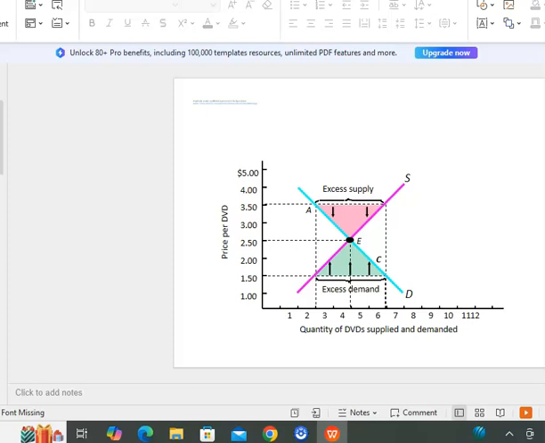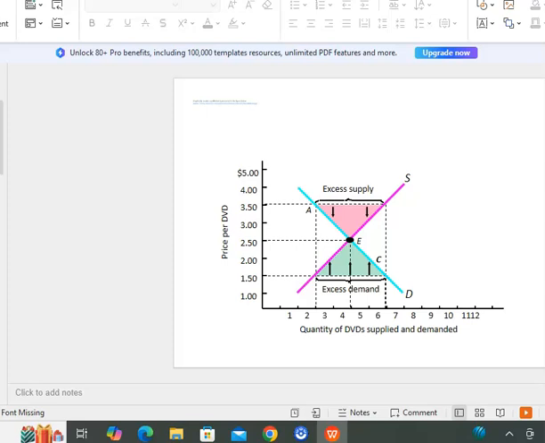So for example, you can see that we have what we call excess supply and excess demand. Excess supply is the situation where the supply of goods and services exceeds the demand.